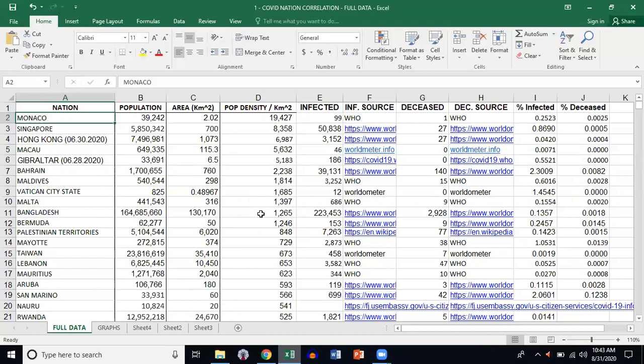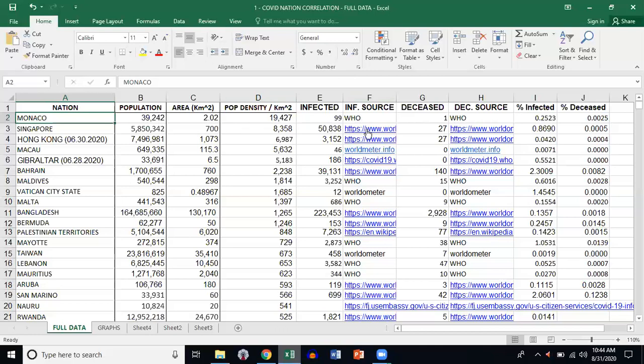All right, so now this first tab, or this first spreadsheet, I have labeled as full data. It's got, by columns, the name of the nation, the total population of that nation, the area in square kilometers, then the density, which we already calculated, then the number of infected and the number of disease, which you found out, you searched for this data on the internet, okay?